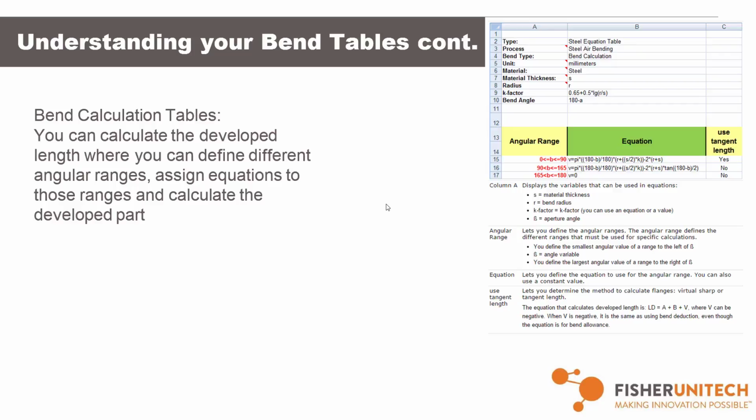Okay, so the last of those things, from what I've found and what I've talked to a lot of people about, is that not a whole lot of people use these ones. For whatever reason, bend calculation tables are just not used all that often. But if you start to look over here on the side, you're getting equations for your K factor instead.